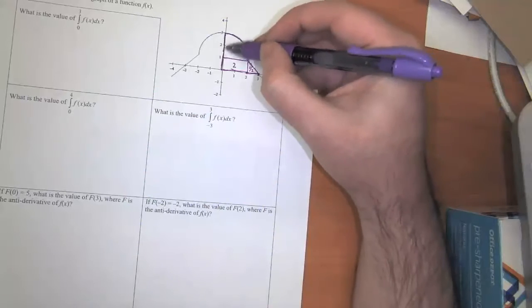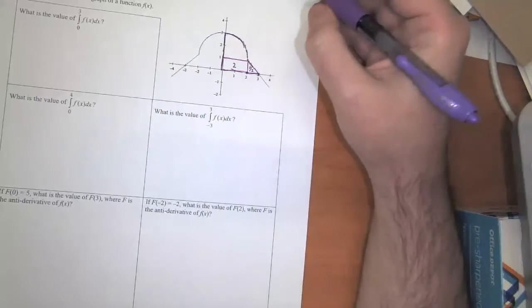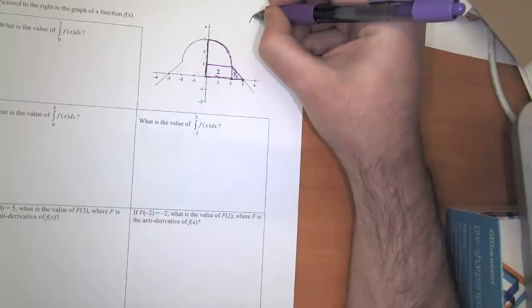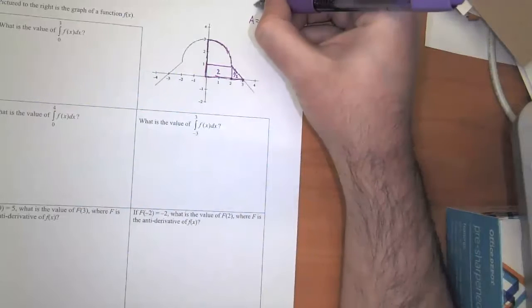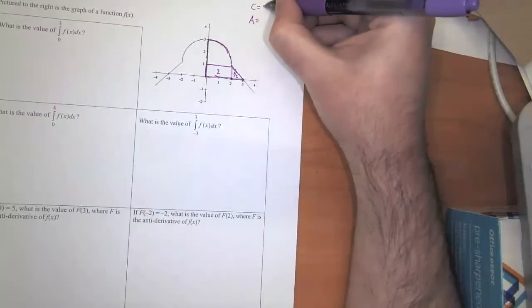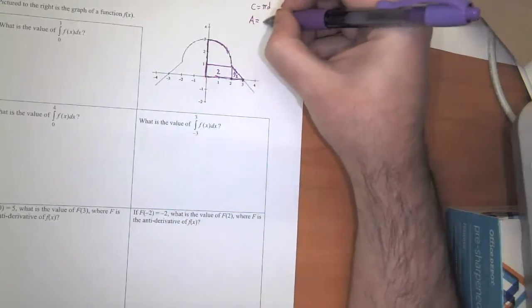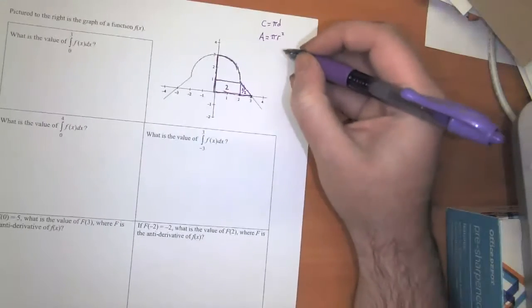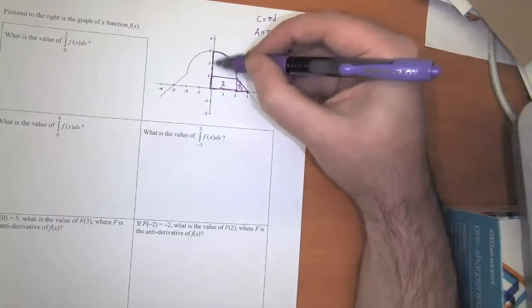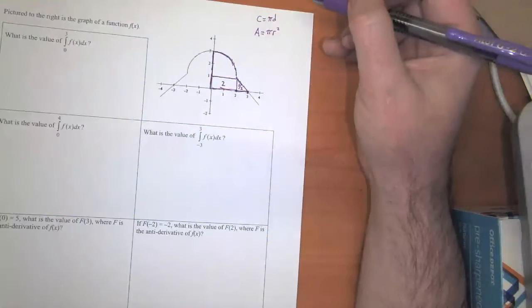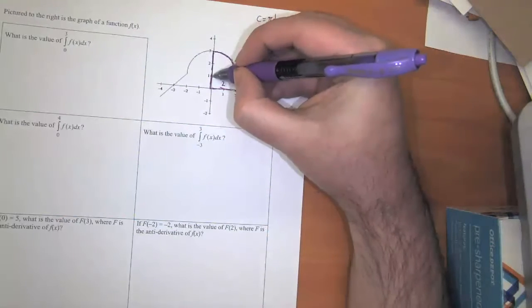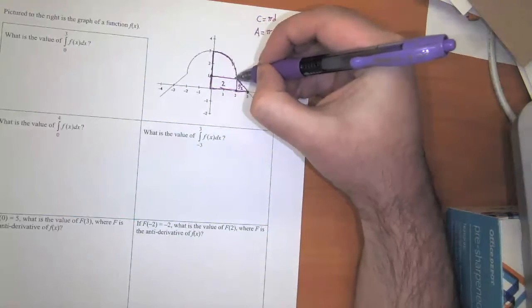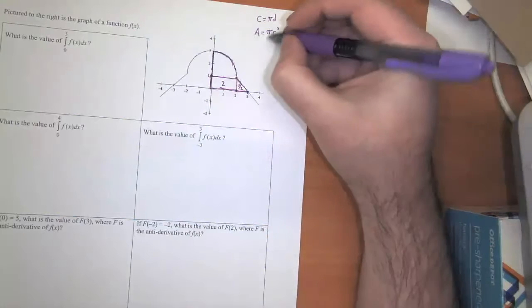And the last piece is this quarter circle. So remember, the area of a circle, remember my rule, cherry pie's delicious, apple pies are too. All right, so the area is pi r squared. What's the radius of this circle? Well, here's the center of the circle, and so going off in this direction or going up, the radius is 2.